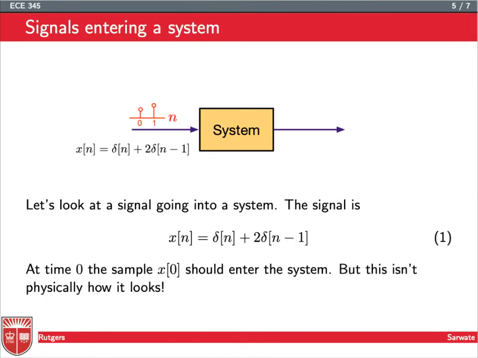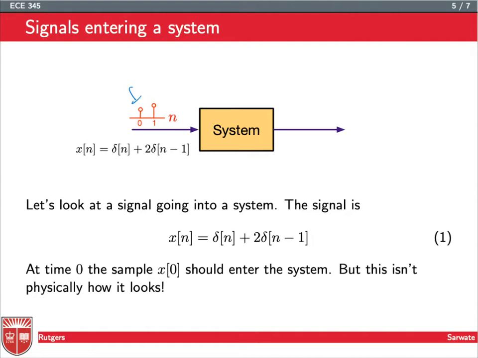So let's look at a signal going into a system. Here I plotted a signal. It's delta of n plus 2 delta of n minus 1. So here's a plot of it, and it goes into the system. And at time 0, what should happen is that the signal x of 0 should enter the system.